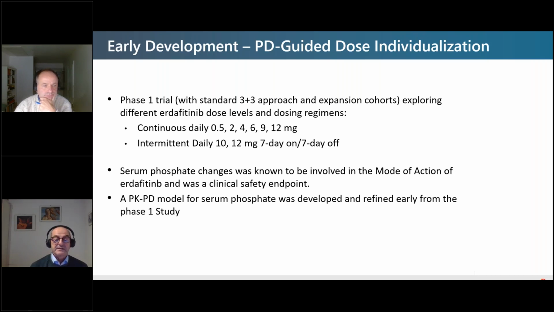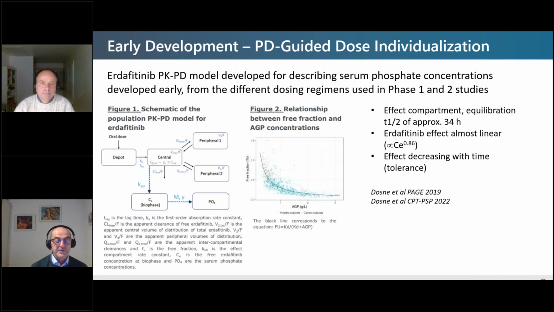Also, it was known based on the mechanism of action that erdafitinib was characterized by a dysregulation of the mineral metabolism, which may result in phosphate elevation, so that a PK/PD model was started immediately after the start of the clinical trial in order to have a better control, a quantitative tool to control the outcome of this informative endpoint.